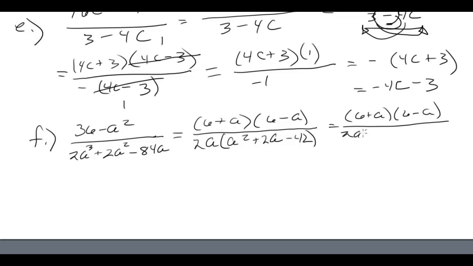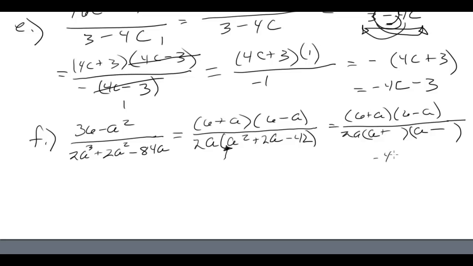All right, 2a is still here, but now I want to factor the trinomial into two binomials. Aha! The leading coefficient is 1, so that tells me this is going to be a times a. The first terms are a times a, which is a squared. Excellent. The last term is minus 42, so this has to be plus and minus, because that's the only way I'm going to get a negative number by multiplication.